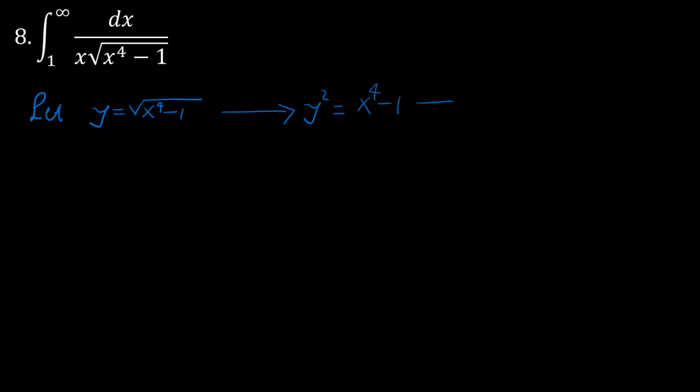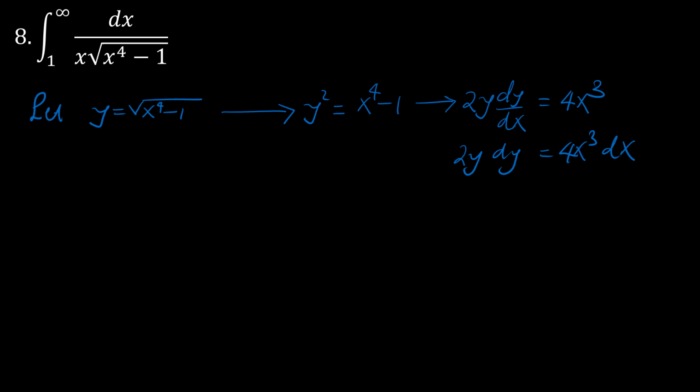And so if we differentiate both sides, on the left hand side we have 2y dy being equal to 4x cubed dx. And so we can substitute 2y dy for 4x cubed dx.